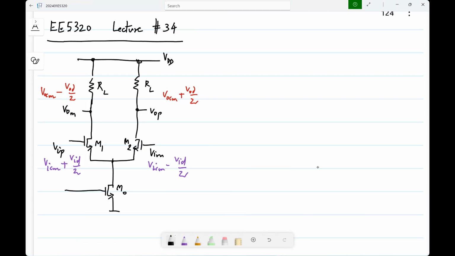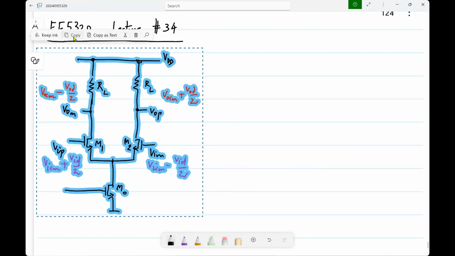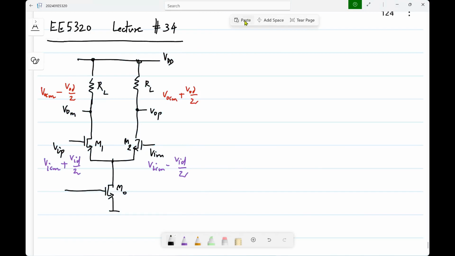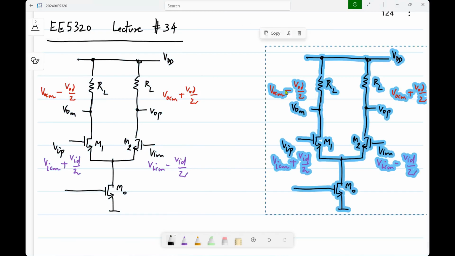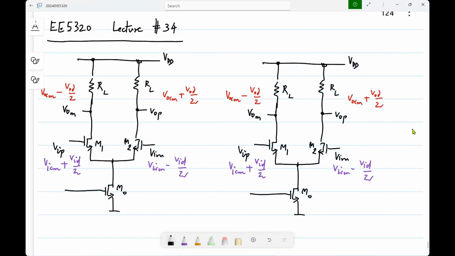Right? So this is the fully differential circuit, and then if I first consider the common mode half circuit, what do I mean by that?